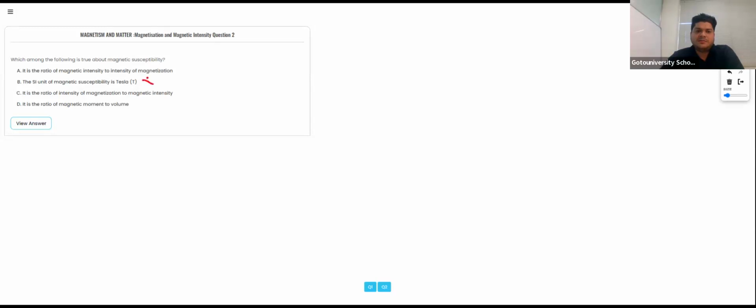The Tesla option cannot be right, because Tesla is not the unit of magnetic susceptibility. Even magnetic moment to volume is the definition for magnetization. What about susceptibility? It is the ratio of magnetization to magnetic intensity. So option C will be the right option, not option A.